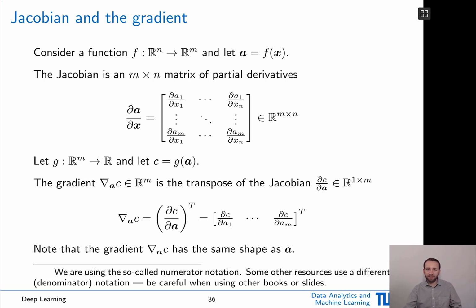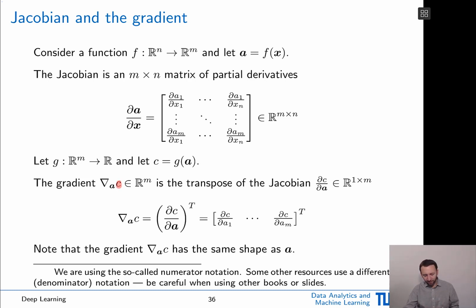What we usually call a gradient means that we have a function which has n inputs and a scalar output. Let's say the loss is the output. We had a loss function which has a scalar output, and we were computing the gradient.